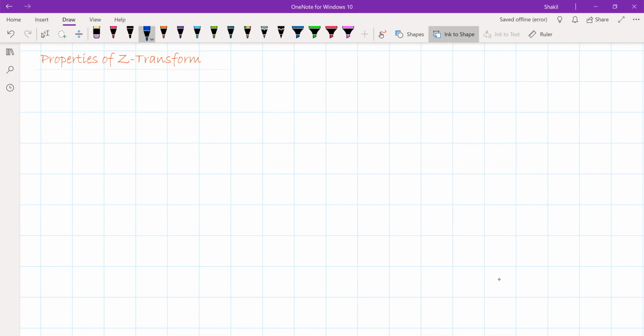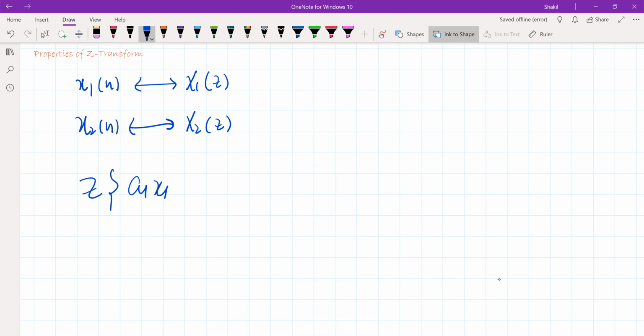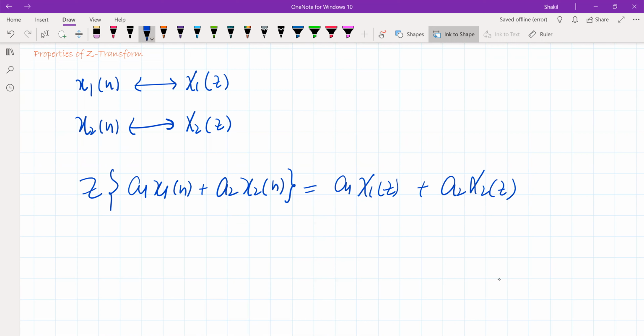So, if I say the Z transform of x1 of n is X1 of z, and Z transform of x2 of n is X2 of z, then Z transform of A1 x1 of n plus A2 x2 of n will be simply given as A1 X1 of z plus A2 X2 of z. So this is the Z transform of this sum.